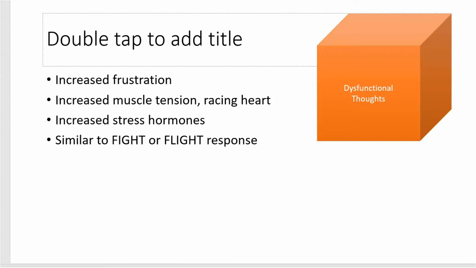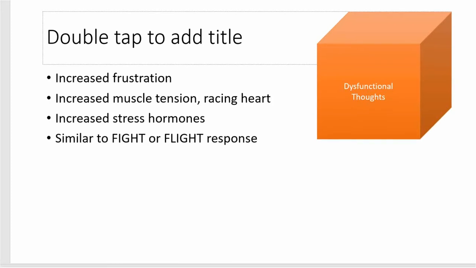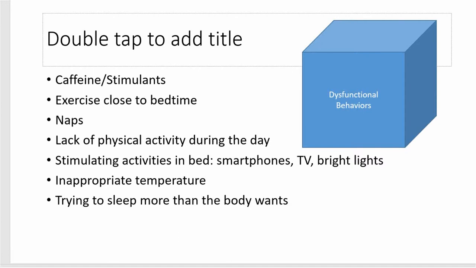It increases stress hormones, which can be stimulating, and you may actually feel more awake and totally unhelpful. So it's hard to fall asleep when you're in that fight or flight response. So we're going to try to target those dysfunctional thoughts, and we're going to try to target dysfunctional beliefs.